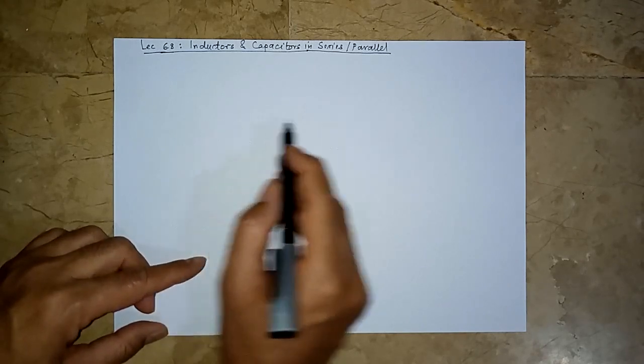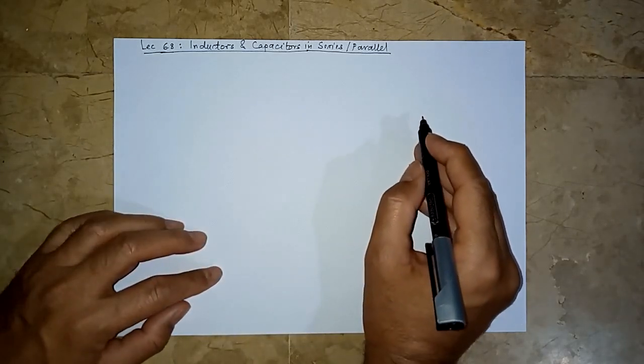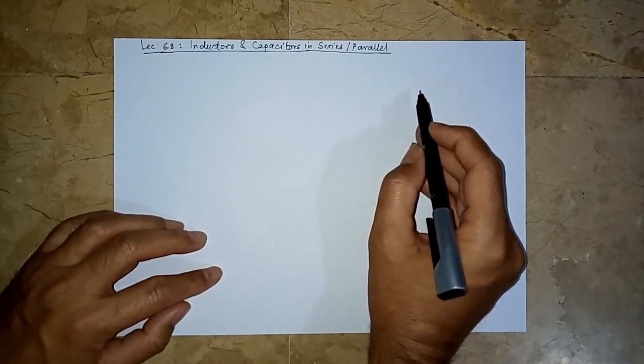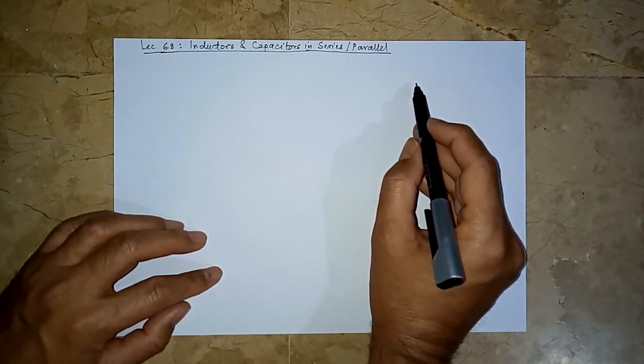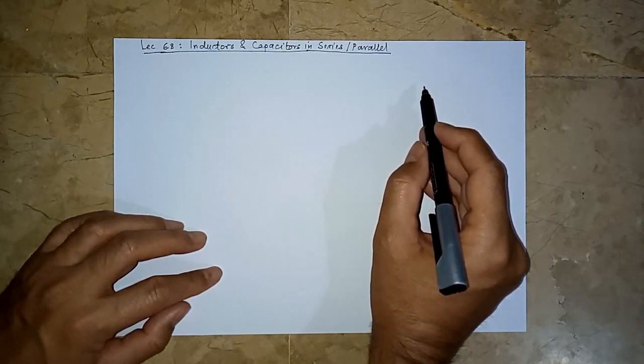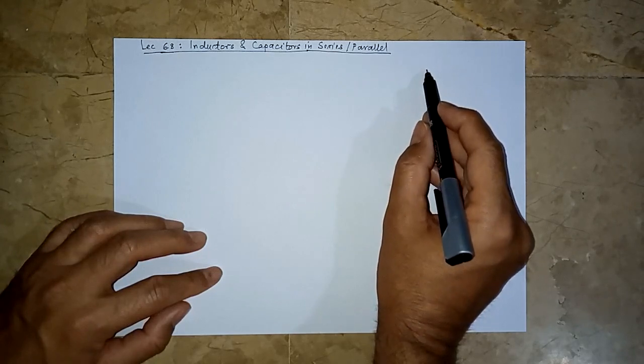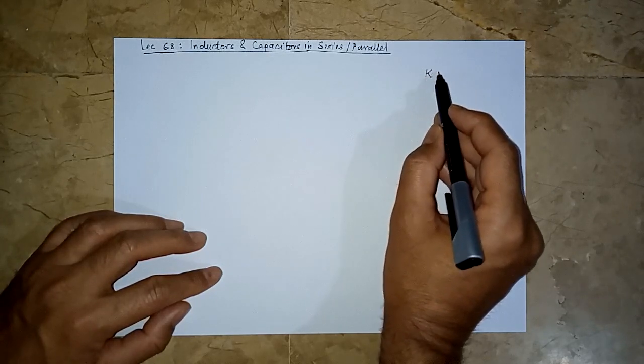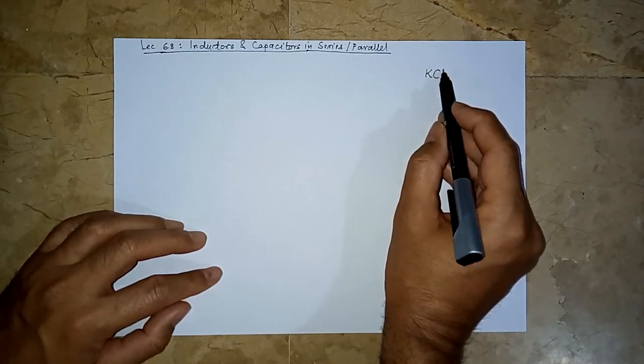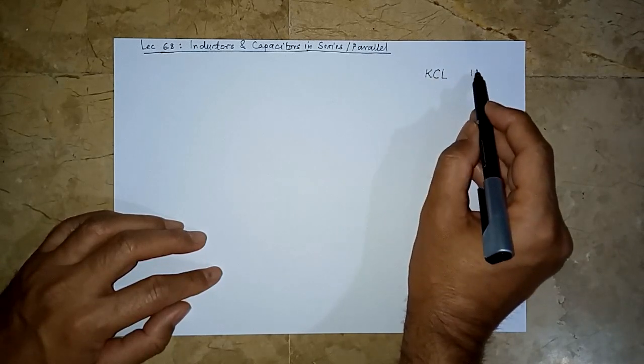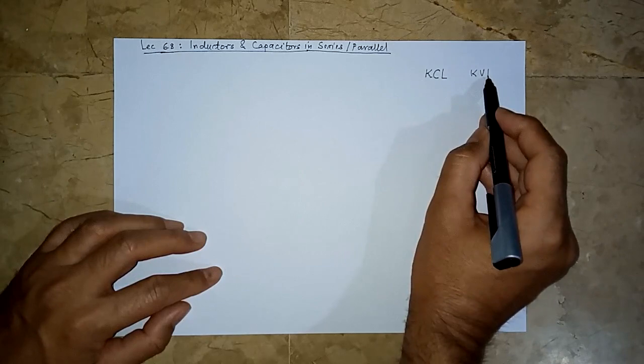We are already familiar with how resistances behave in series and parallel, and basically we found that based on two very simple axiomatic laws of circuit analysis known as Kirchhoff's laws: Kirchhoff's current law and Kirchhoff's voltage law.